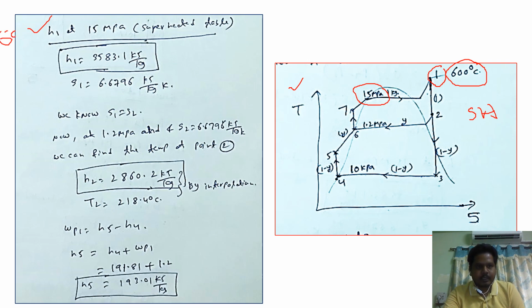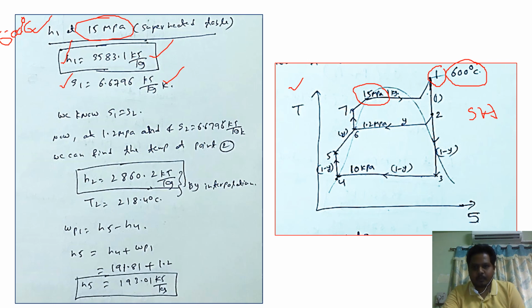We can find the enthalpy at point 1, 3583.1 kilojoule per kg, and entropy at point 1, 6.6796 kilojoule per kg Kelvin. These values I have taken from the superheated steam table.